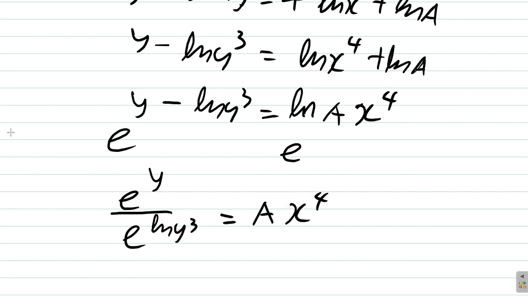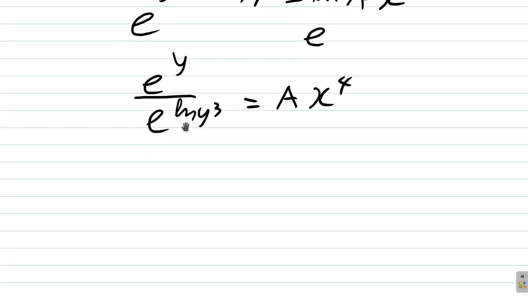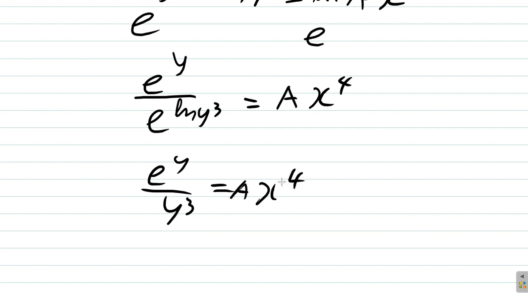Alright, so what happens here? What's going to happen here? e to the ln y cube. You have e to the y over y cube equal a x to the fourth. Alright.